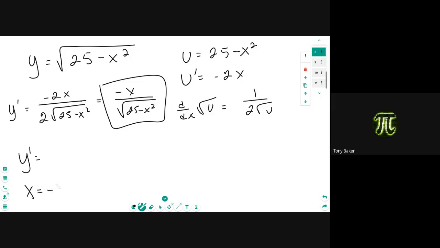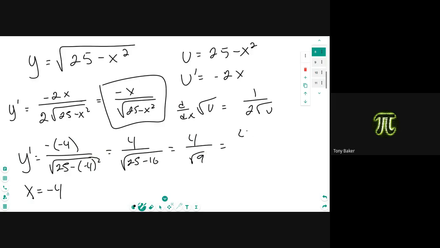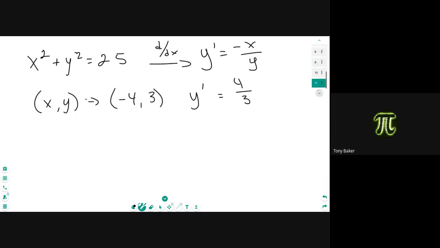So if x is -4, I get 4 over the square root of 25 minus 16, 4 over the square root of 9, 4/3. Remember, the derivative is trying to tell me my slope. So my slope at that point for both ways is 4/3.